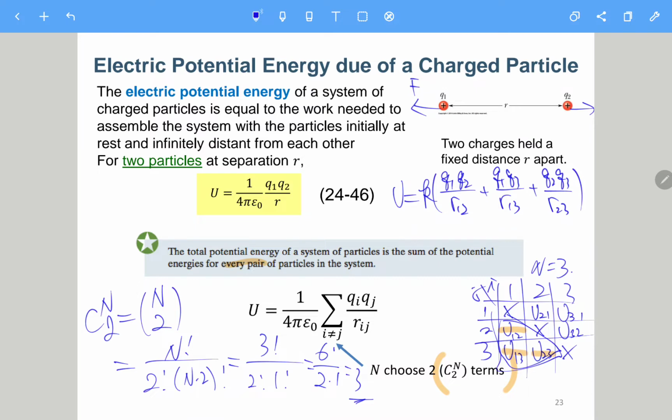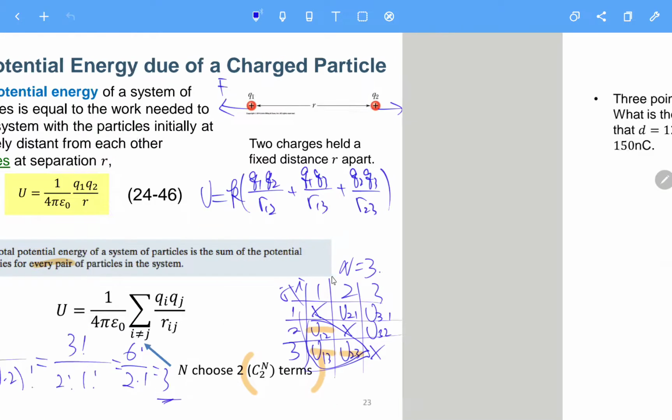If there are 4 particles, then we will have four choose 2 terms, with n equals 4. 4 factorial over 2 factorial times 2 factorial. 4 factorial is 24, over 4 is 6. We will have 6 terms. So yeah, something like this.